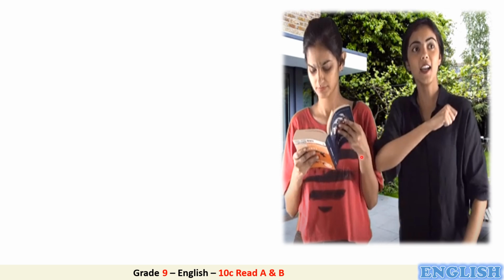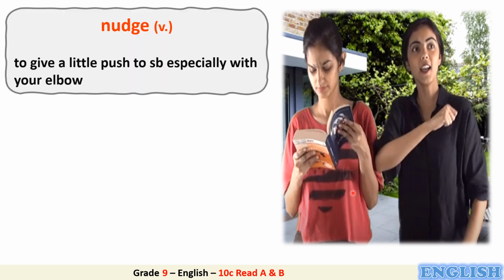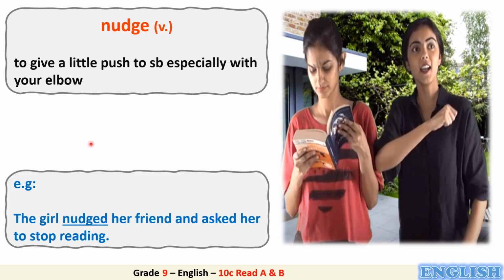What is she doing? Very good, my students. The next word is nudge. And it is a verb which means to give a little push to somebody, especially with your elbow. For example, the girl nudged her friend and asked her to stop reading.